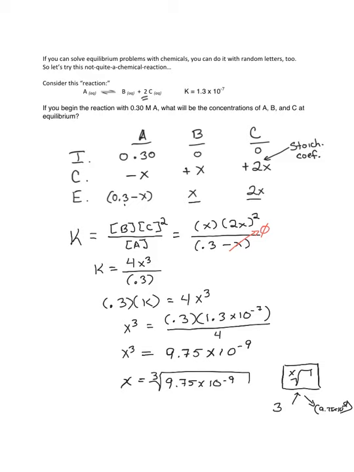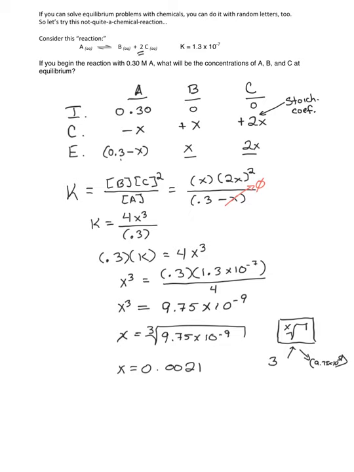So I did that, and what I got for x was 0.0021. And I look at that, and I see that I only have 2 sig figs, and to 2 sig figs, 0.3 minus this is just 0.3. So my assumption is perfectly good. Yay, my assumption is okay.